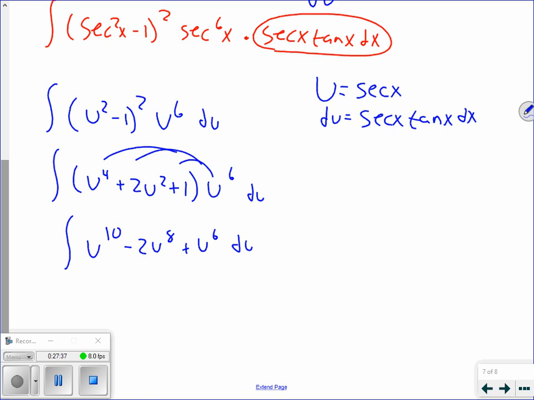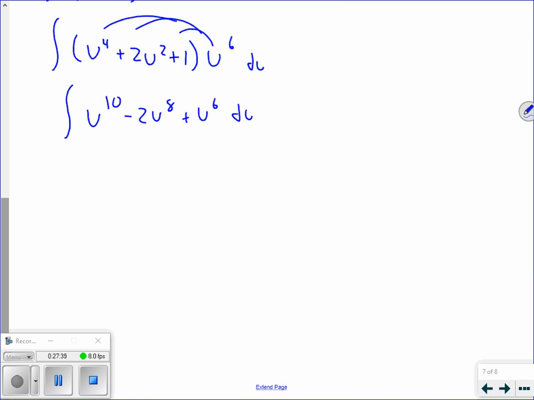And it's just 3 power rules that are pretty straightforward. So that's 1 over 11 u to the 11th minus 2/9 u to the 9th plus 1/7 u to the 7th plus c. And remember that u was just secant.